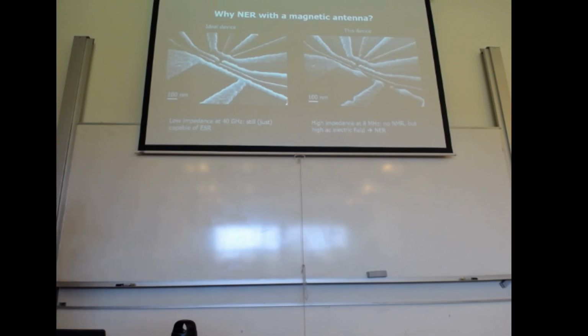This was a super tricky failure mode that took us weeks, or maybe 2 months, to understand. Because such a small break in the antenna, at 40 gigahertz, where we want to do electron spin resonance, still acts pretty much like a low enough impedance that you can get some signal through. We were able to do electron spin resonance, the magnetic driving, at 40 gigahertz.